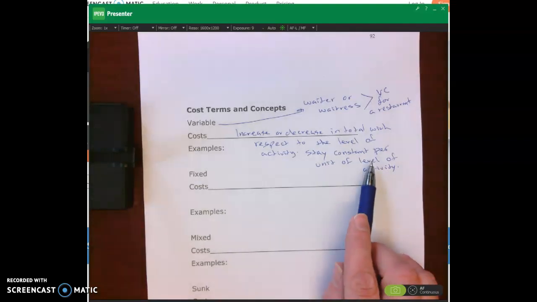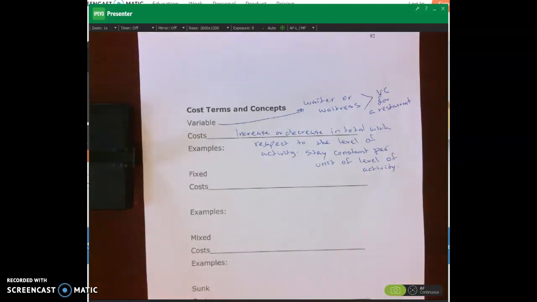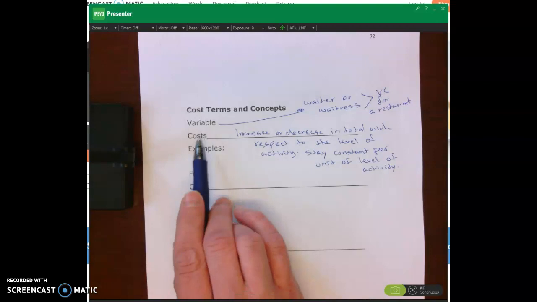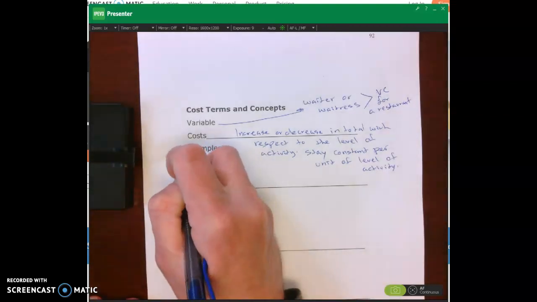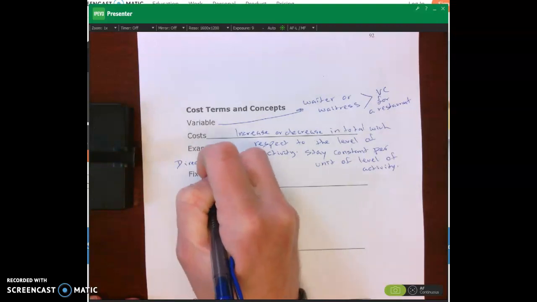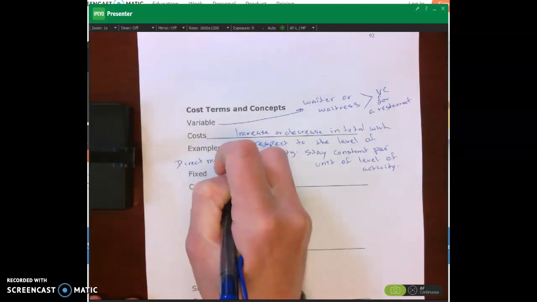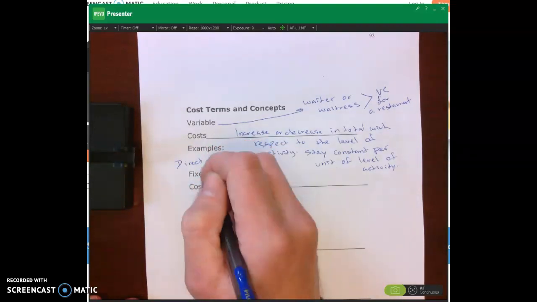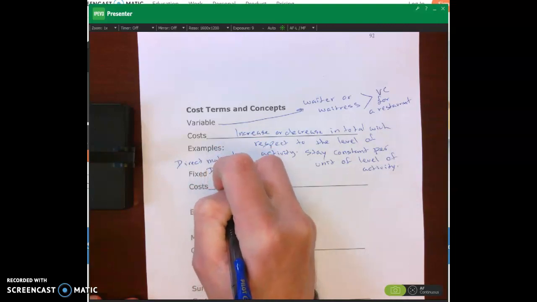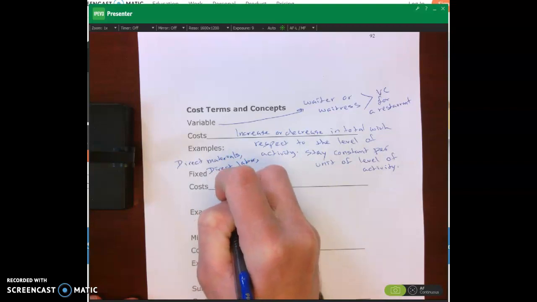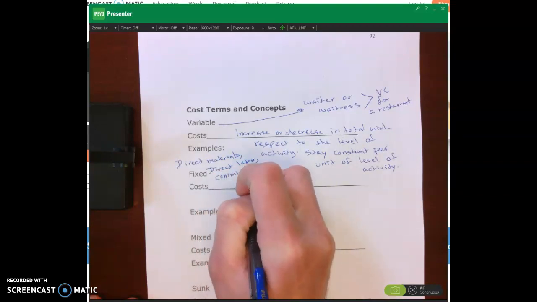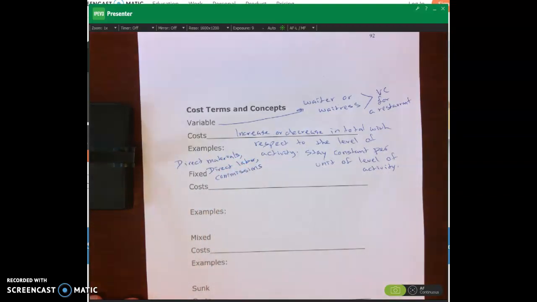But that doesn't change how much they pay them per hour. Okay, so that's a good example of variable cost. Some other examples, we could say direct materials, and we'll talk more about that later on in another lecture video. Direct labor is another example, and then commissions are other examples of variable costs.